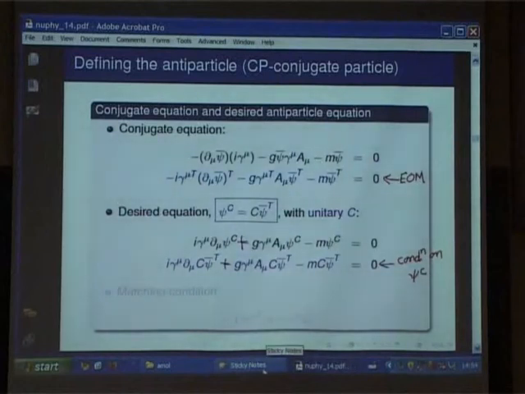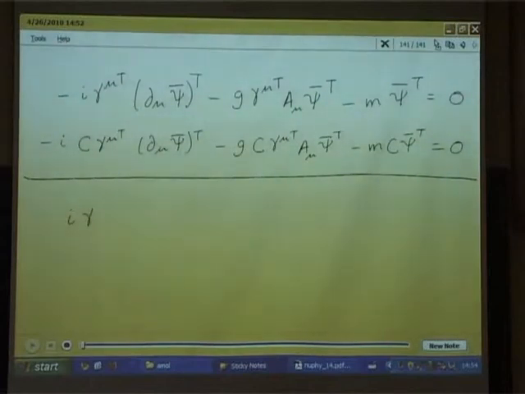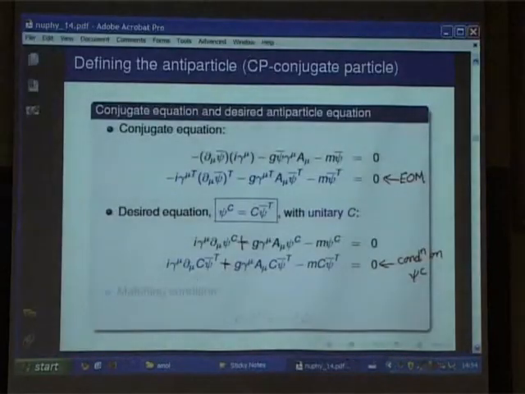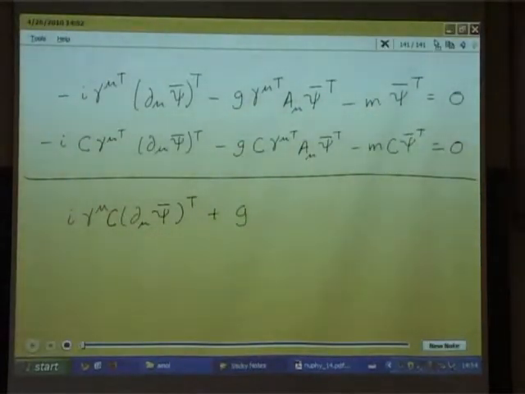What I want is an equation that looks like i gamma mu C del mu psi bar transpose plus G gamma mu A mu C psi bar transpose minus m C psi bar transpose.